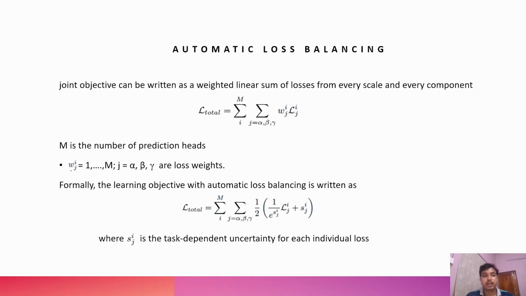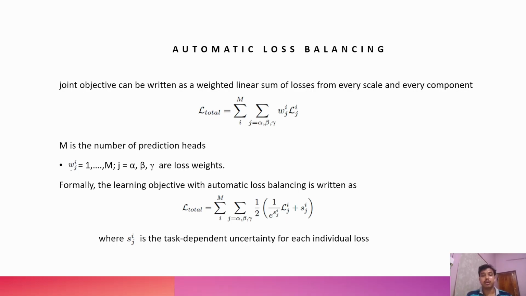So automatic loss balancing is the phase where JDE actually comes into play. The joint objective can be written as a weighted linear sum of losses from every scale and every component. So L total is the summation over i from 1 to M, the summation over j in alpha, beta, gamma, of w_j^i L_j^i, where L_j is the loss function over alpha, beta, gamma, and w_j is the weight associated with L_j, and i from 1 to M are the prediction heads.